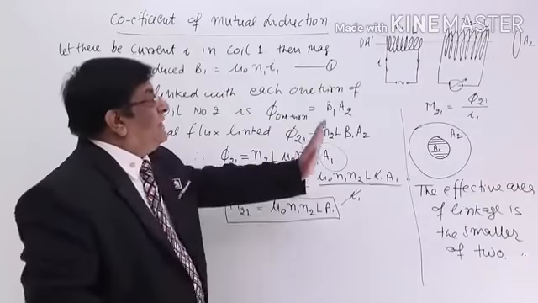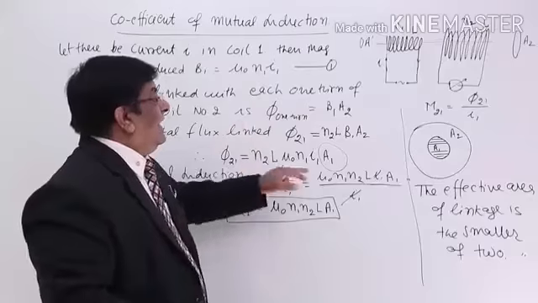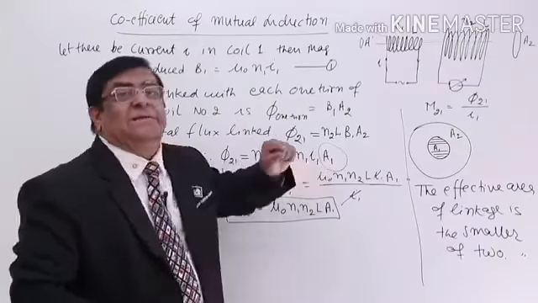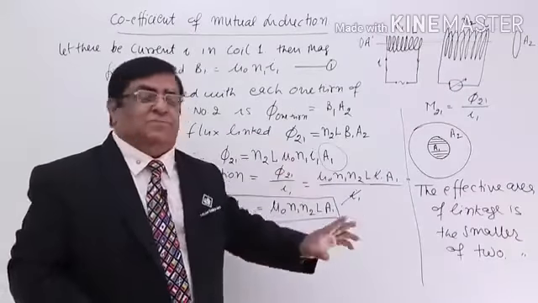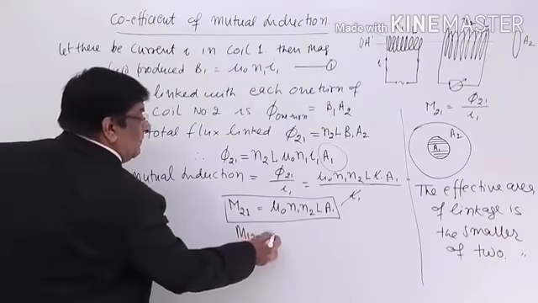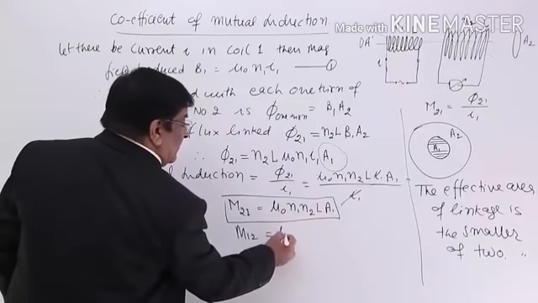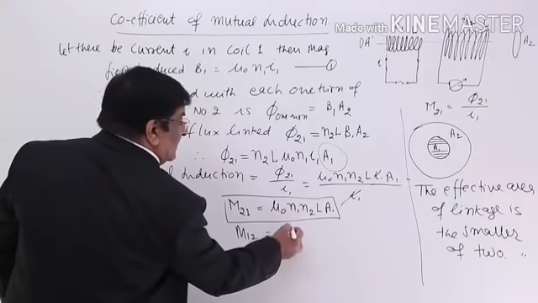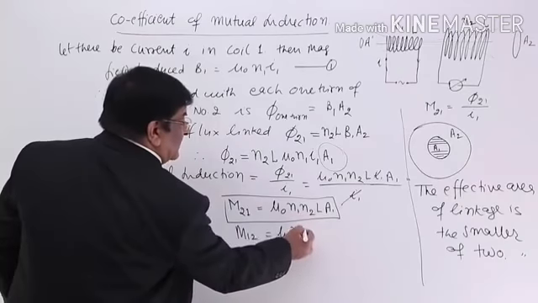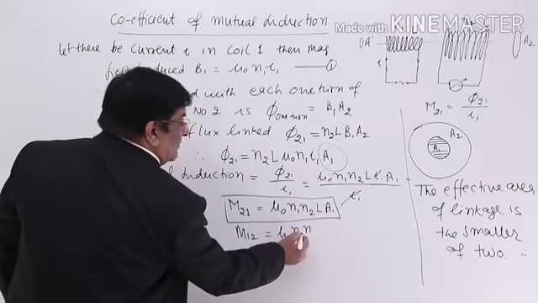So if we do it the other way, even then we take this A as A1 because A1 is smaller. So we can prove that M12 will also be the same because we are not going to change this. So that will be mu naught, in place of N2 it will be N1, in place of N1 will be N2.